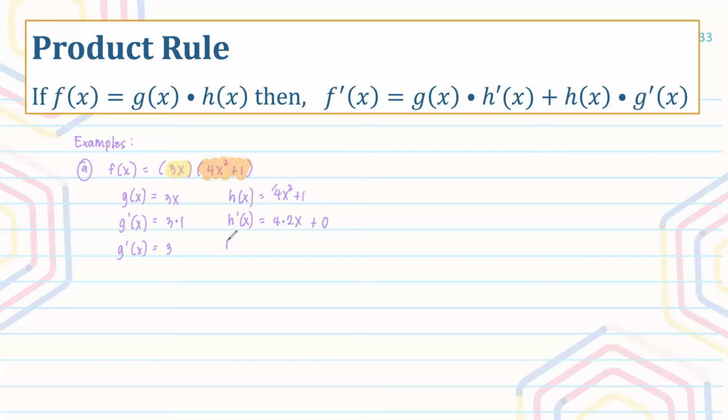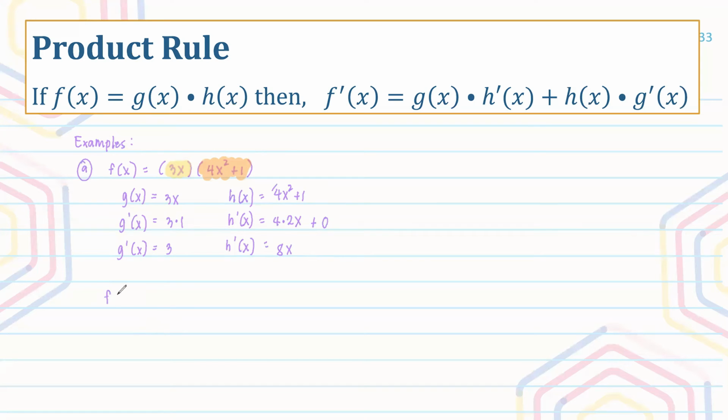So h prime of x is equal to 8x. And this is now the derivative of h of x. Now that we have identified the derivatives of g of x and h of x in our function, we will now solve for the derivative of the entire f of x.